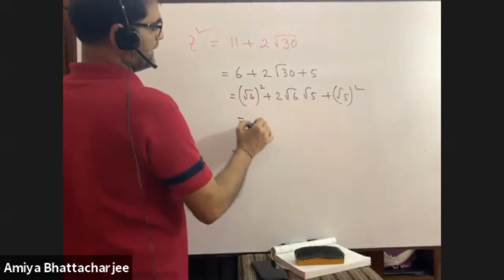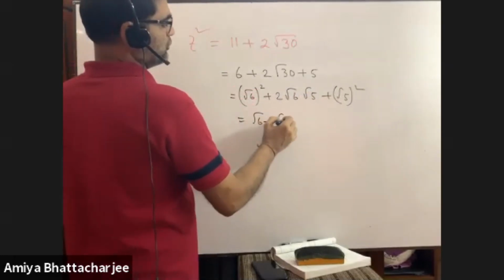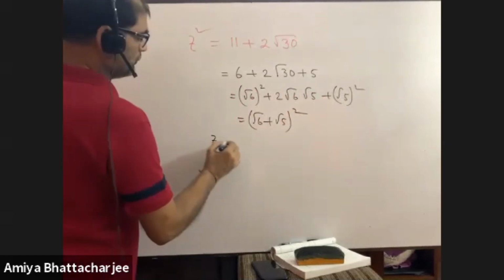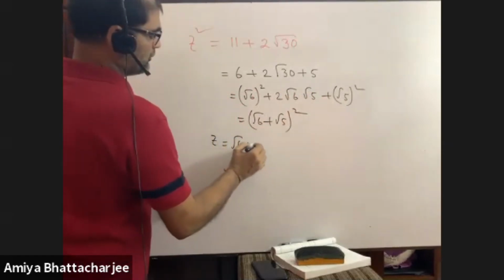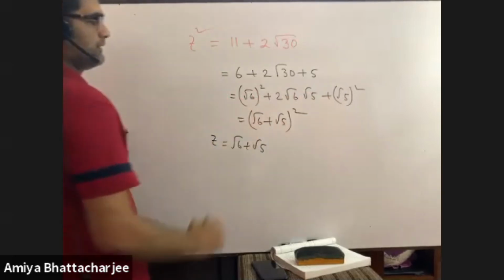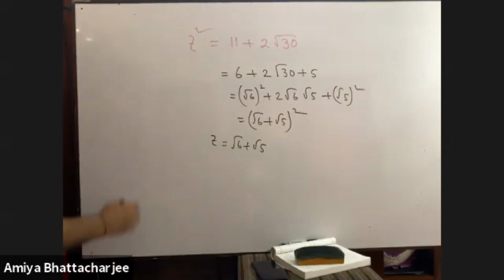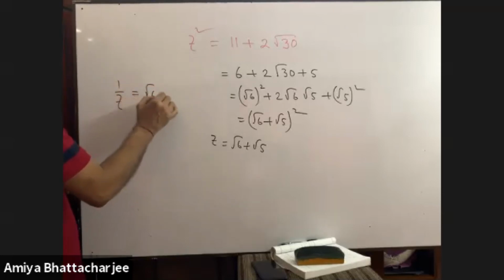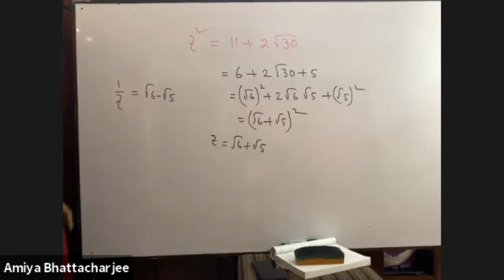And we are getting here root 6 plus root 5 whole square, right? That is z equals root 6 plus root 5. Is it right? Now what is 1 by z? Definitely root 6 minus root 5. Am I right?